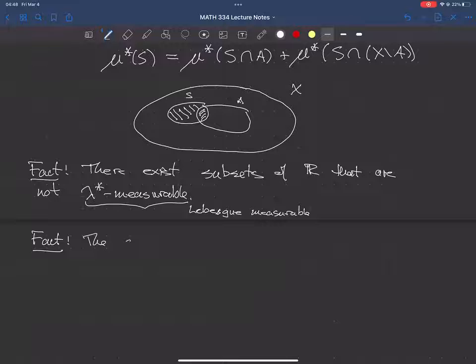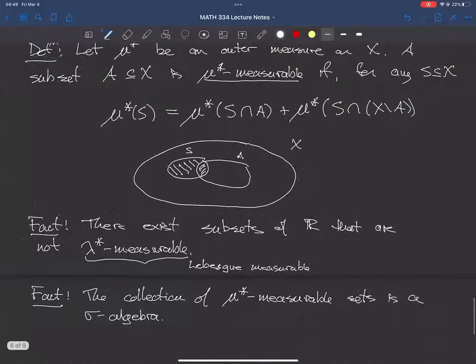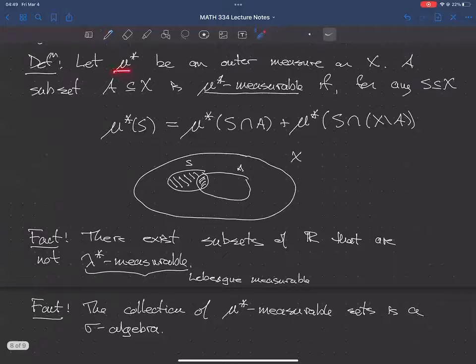The collection of mu star measurable sets is a sigma algebra. That is one of the reasons why sigma algebras are important: for any outer measure, there arises this construction of a sigma algebra consisting of mu star measurable sets.